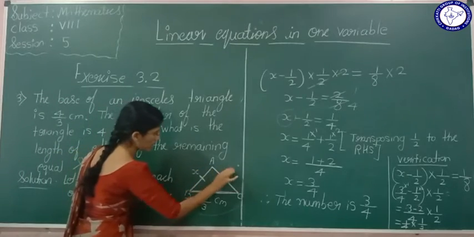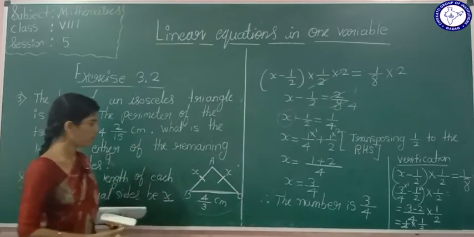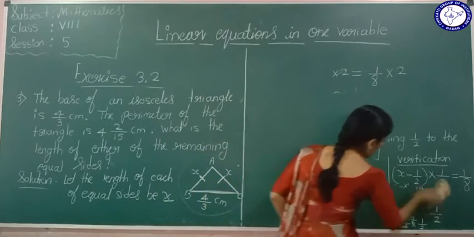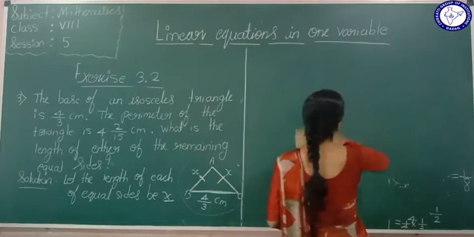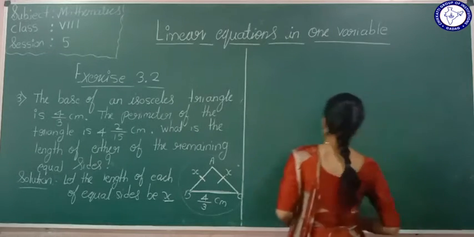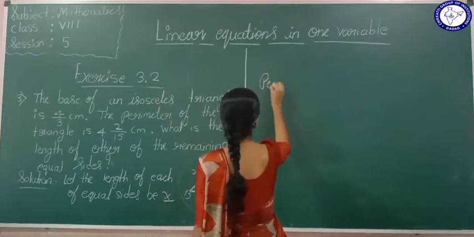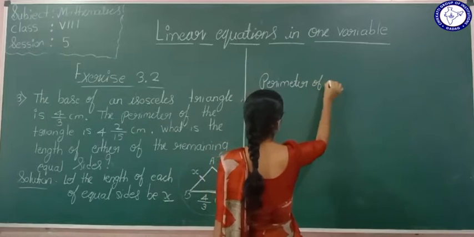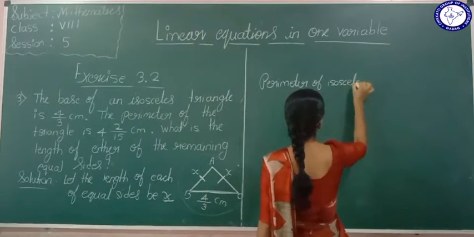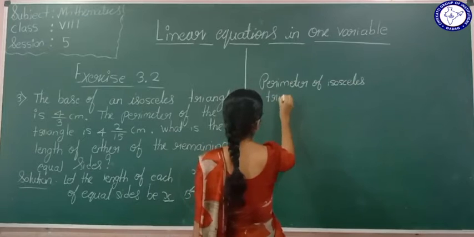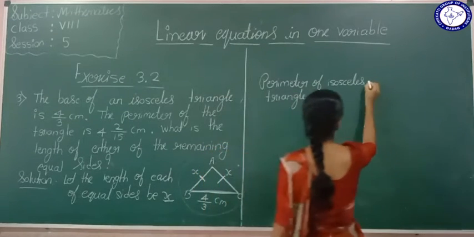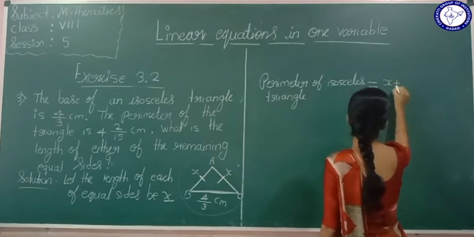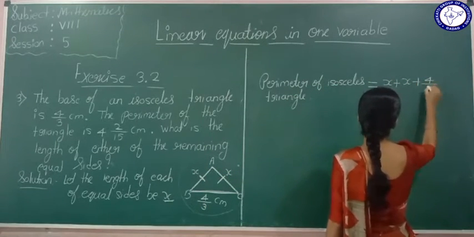We don't know, so we are taking here x. Now what is perimeter? Perimeter is total length of the side of a triangle. Perimeter of isosceles triangle is equal to x plus x plus 4 by 3.